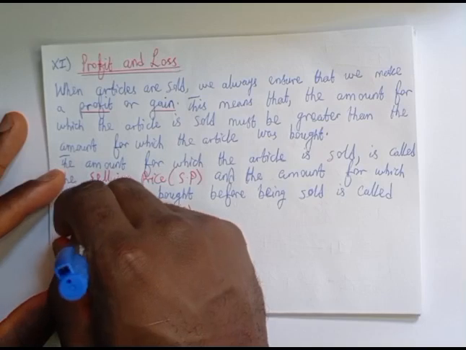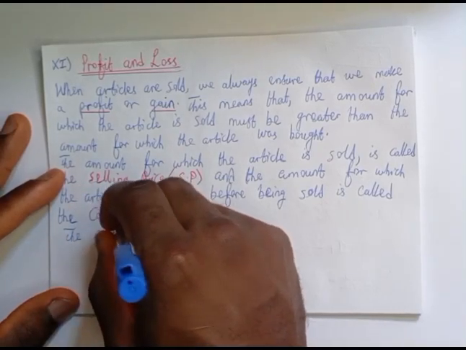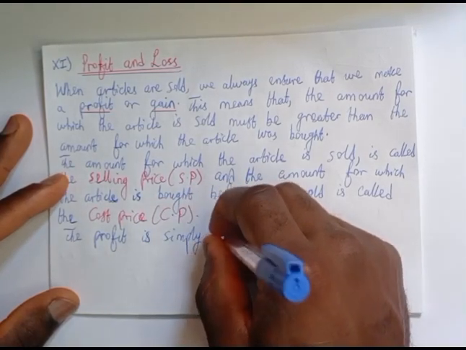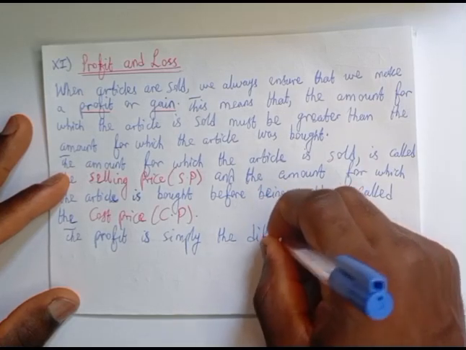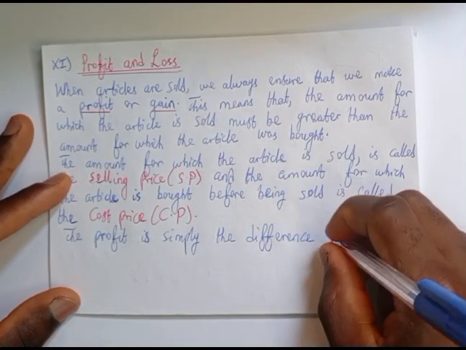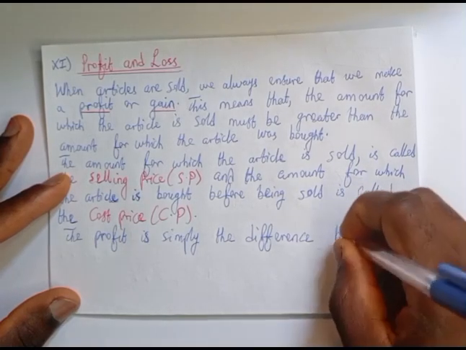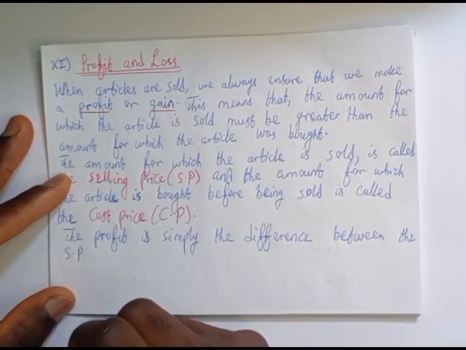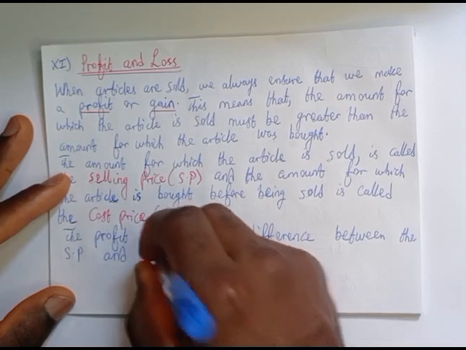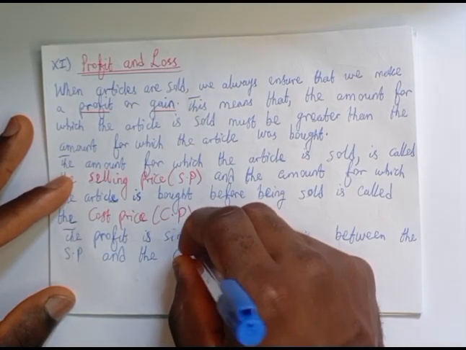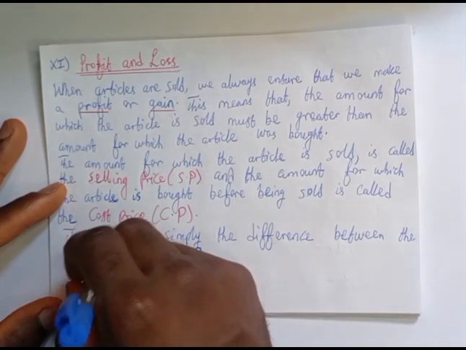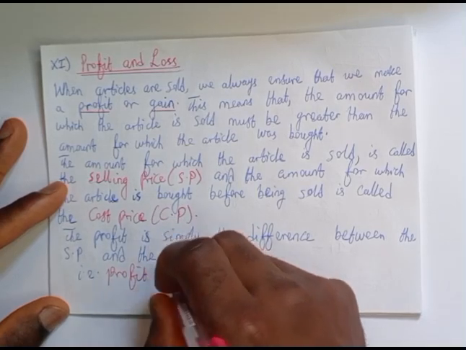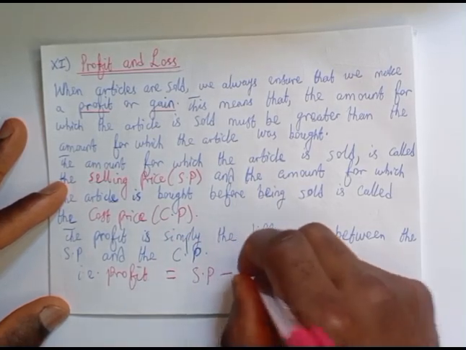The profit is simply the difference between the selling price, or make use of SP, and the cost price, or make use of CP, that is, profit is equal to the selling price minus cost price.